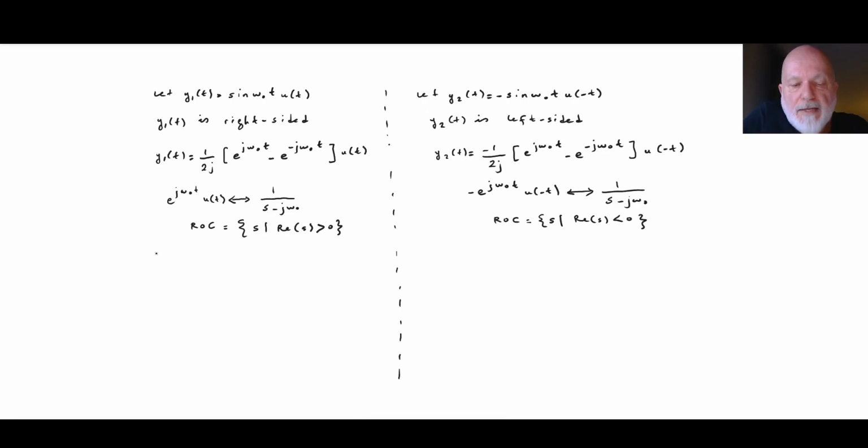So y1 of s can be directly written as 1 over 2j, 1 over s minus j omega 0 minus. Now, although we have not calculated the Laplace transform of e to minus j omega 0 t u of t, the only difference here is that omega 0 is replaced by minus omega 0. So this will be equal to minus 1 over s plus j omega 0.